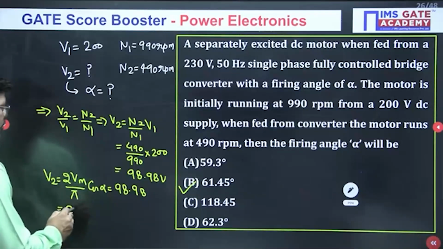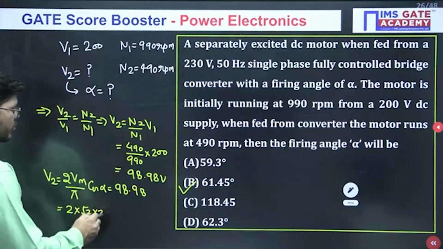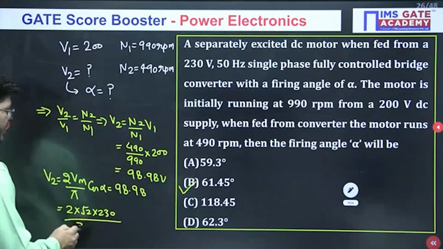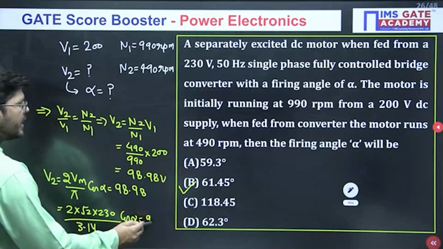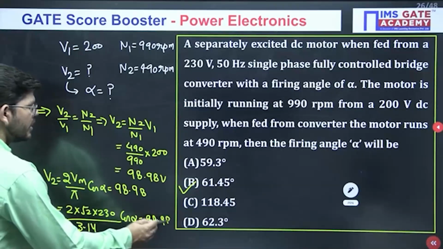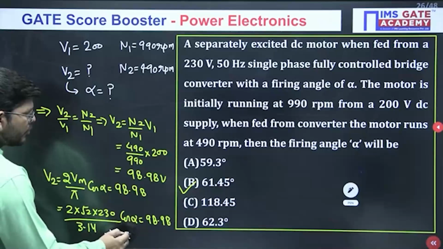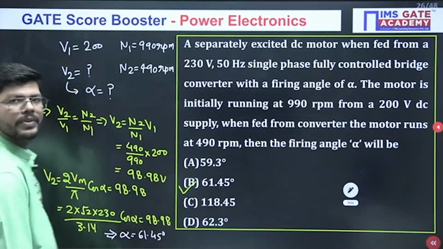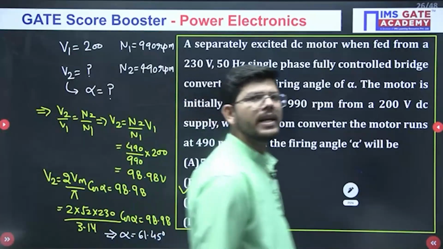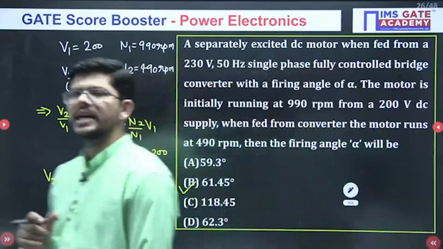Now put the values: 2Vm will be root 2 into supply voltage 230, divided by 3.14, cos of alpha, equals 98.98. If you solve it, your alpha value will be 61.45 degrees.